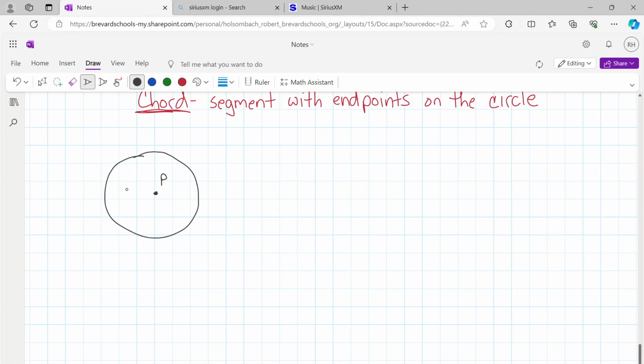If P is the center of this circle, then we call it circle P. All right, so in this circle that I just drew, if we had to name the circle, its name, that's circle P.